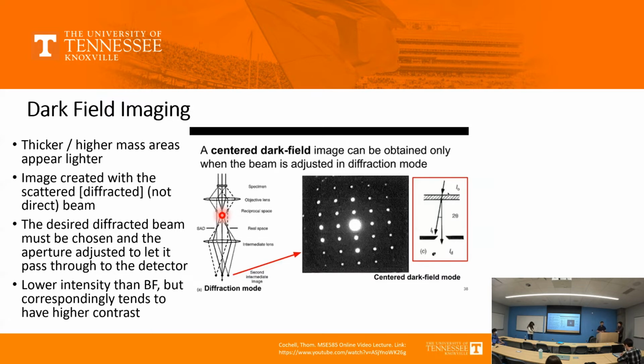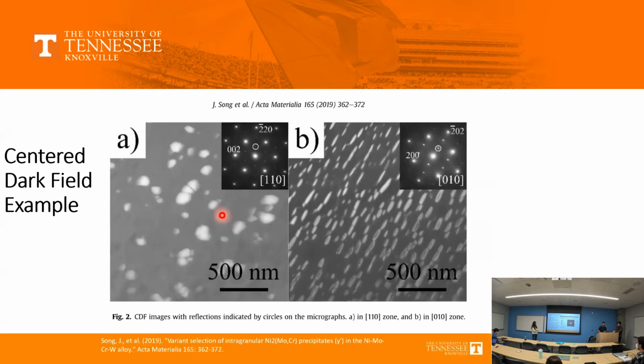This can help small features pop out more, as you have basically white signal on a black background that's very visually apparent. And just to emphasize, each diffracted spot corresponds to a specific set of HKL planes. So again, if you know the orientation relationship that you're looking for, that can point you in the direction you want to go.